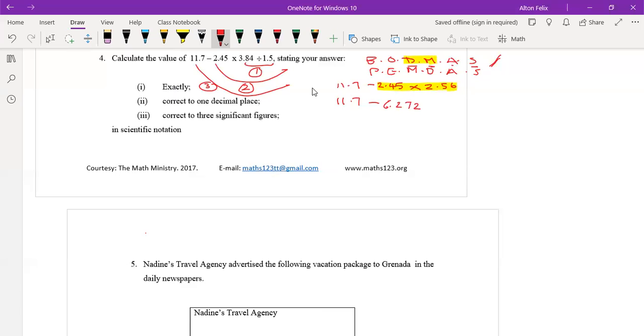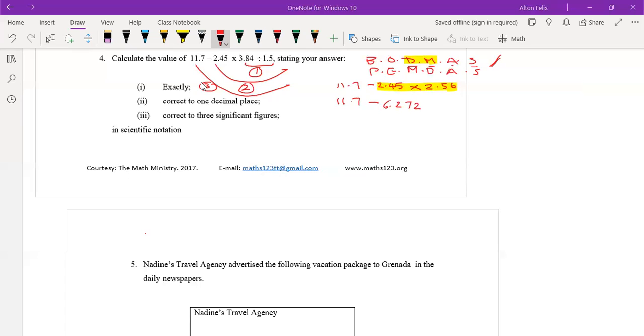6.272. Right, so let's bring back up the two calculators again. So this is the one giving us the 2.56. Right, so what I'm going to do, I'm going to perform the two operations here. We already got the 6.272. Okay, so this one we divided first and then we multiplied. Let's multiply these two results first.